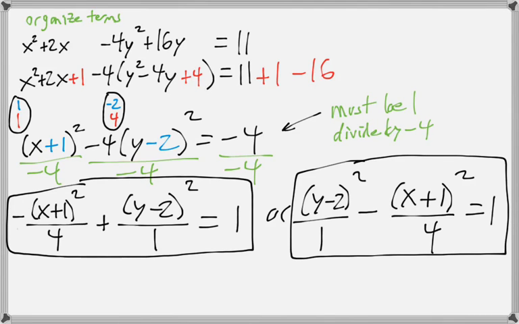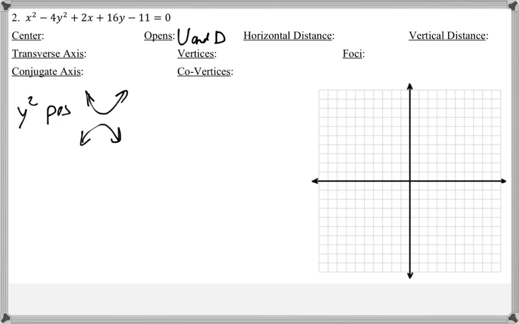Looking back at my formula, my h is -1, my k is 2, my a is 2, and my b is 1. So my center is -1, 2, my horizontal distance is 2, and my vertical distance is 1.